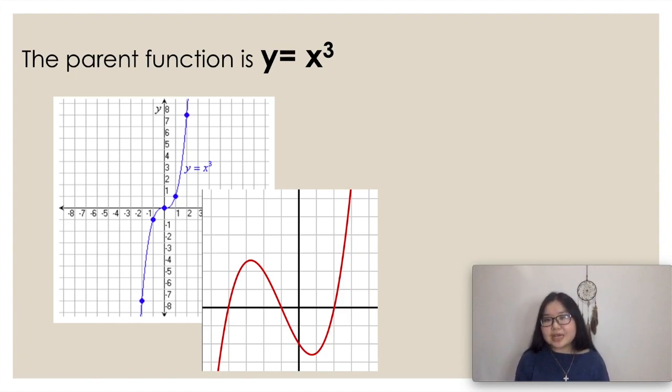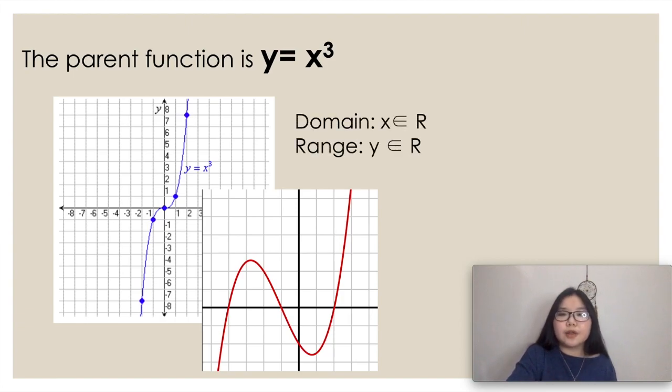But it still has the same shape as its parent. You can imagine it like having the same hair color and the same eye color as your parent. This is exactly the same situation as the cubic function and its parent.